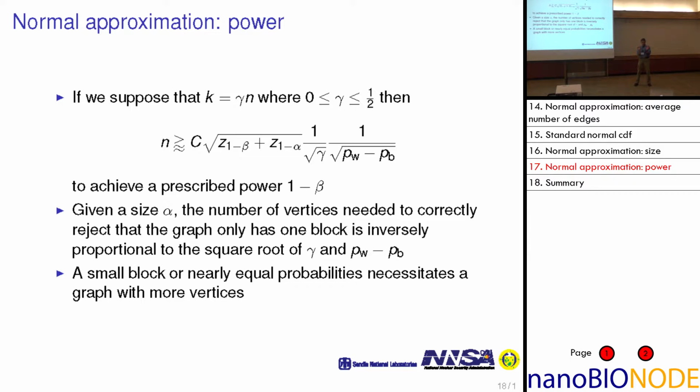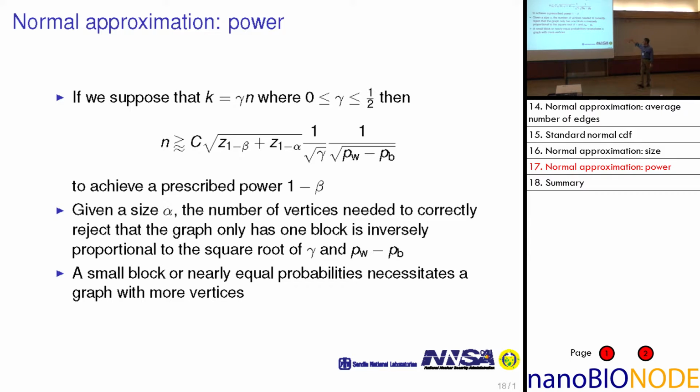So if somebody believes they have a small block and then a remaining large block, in order to get a specified power, n is going to have to grow inversely proportional to the square root of that. And that's the first result that I've run across of that kind that gave you an understanding of what these two disparate blocks mean.